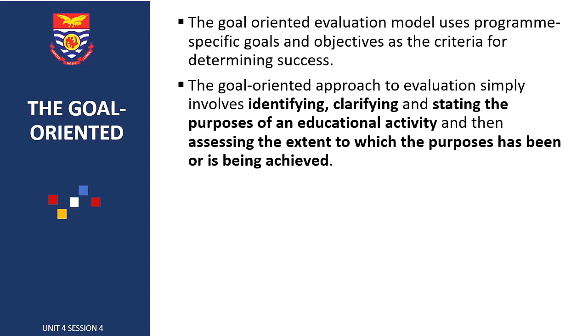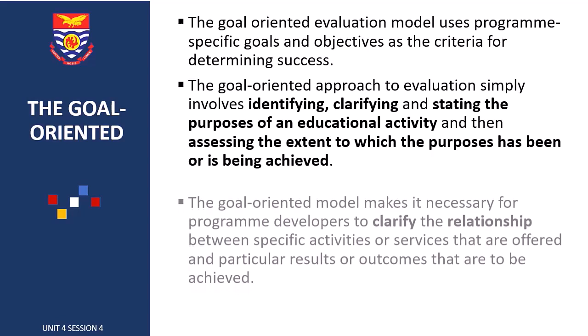According to Watson and Sanders, information that is gained from this type of model could be used to reformulate the purposes of the activity itself, or the assessment procedures and devices that are used to determine the achievement of purposes.